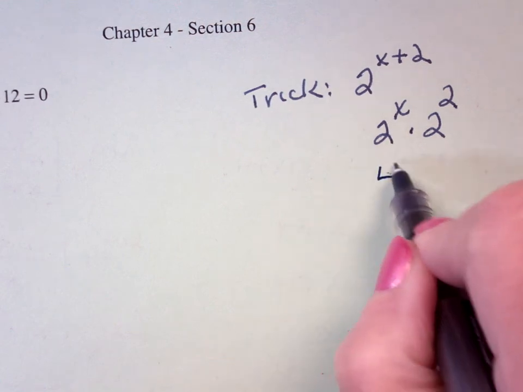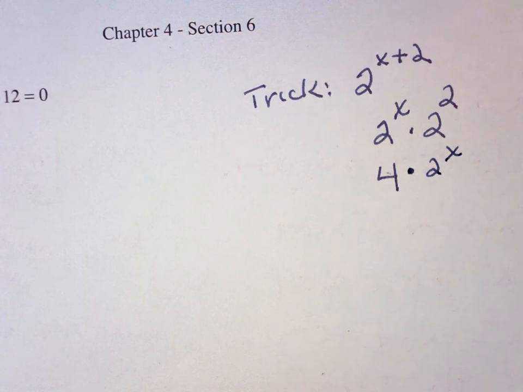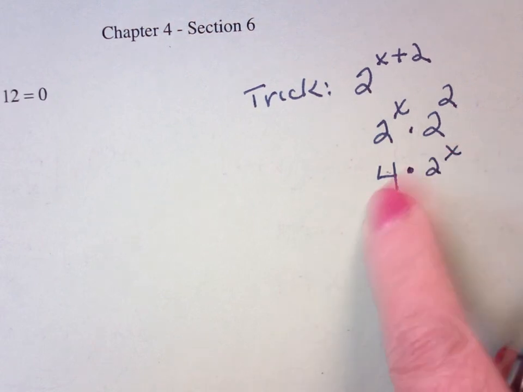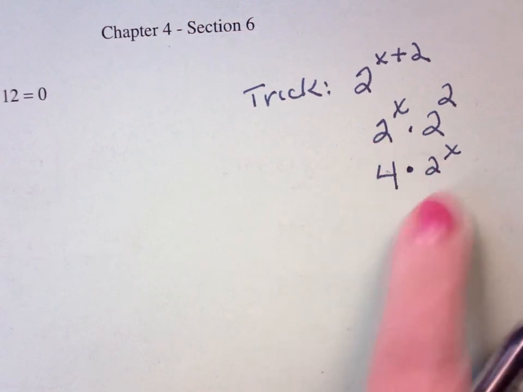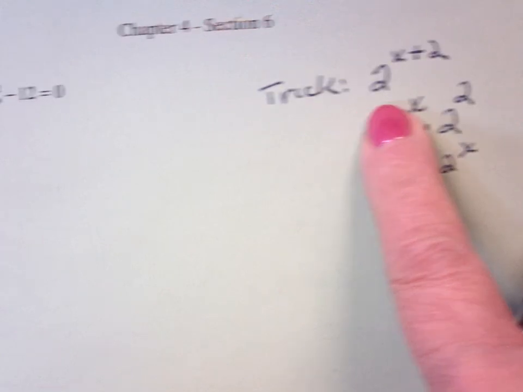That means this guy is really 4 times 2 to the x. He has a coefficient of 4. 2 squared is 4. That's where this came from. And then you have 2 to the x. That's what 2 to the x plus 2 actually is.